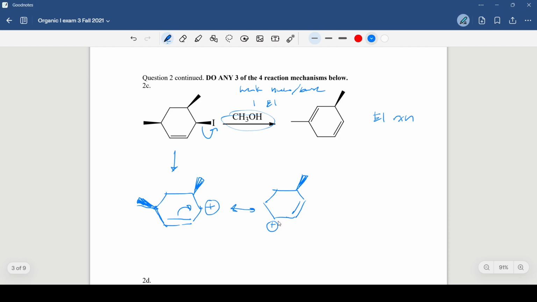One here. Okay. So now we have the carbocation here. If we form a double bond here, that's not the final product we want, right? So how can we move this carbocation to make a double bond here? Well, we can do a hydride shift. So we put the hydrogen here.